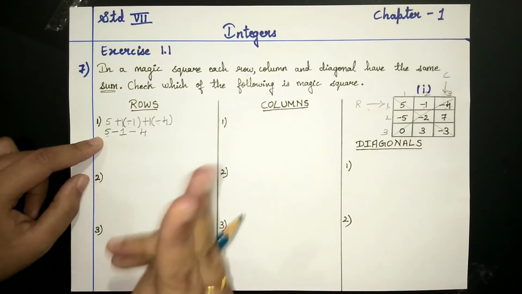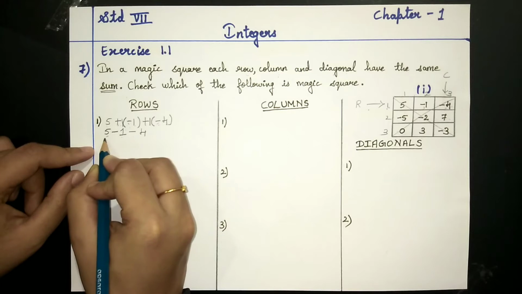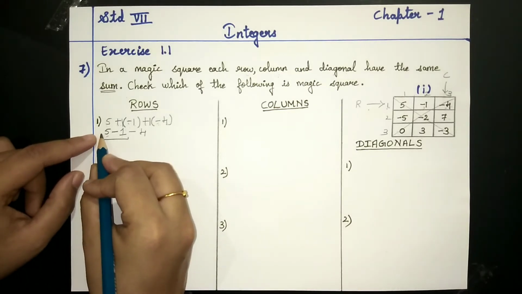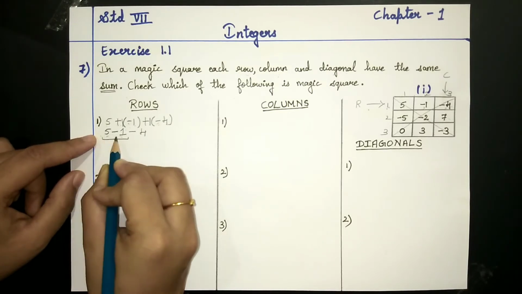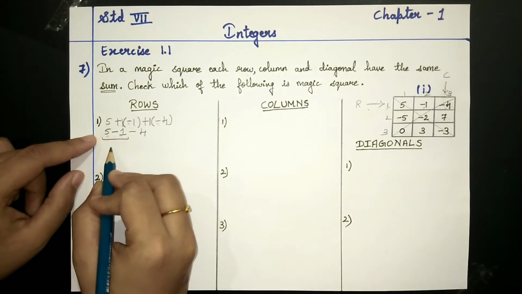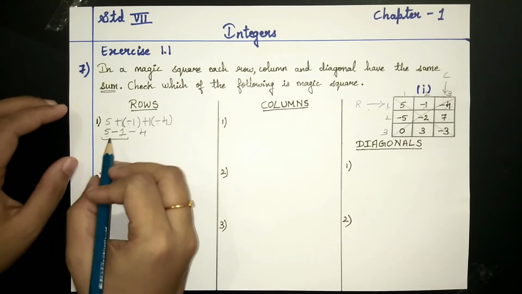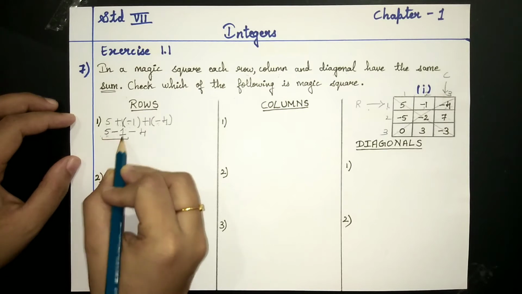So let us solve by taking two numbers here, okay. First let us take 5 minus 1. Now here 5 has plus sign, 1 has minus sign. Since the signs are different here, what will you get? You have to do subtraction. If the signs are different, you have to do subtraction. So 5 minus 1, what's the answer?